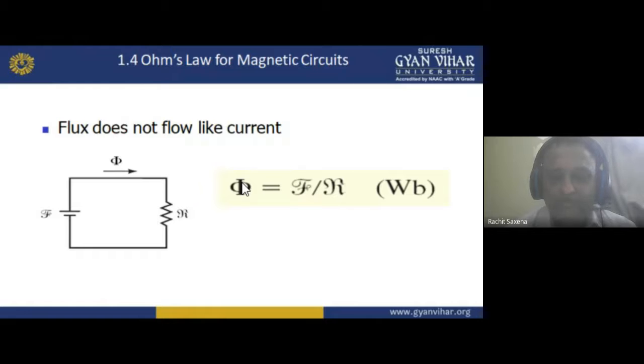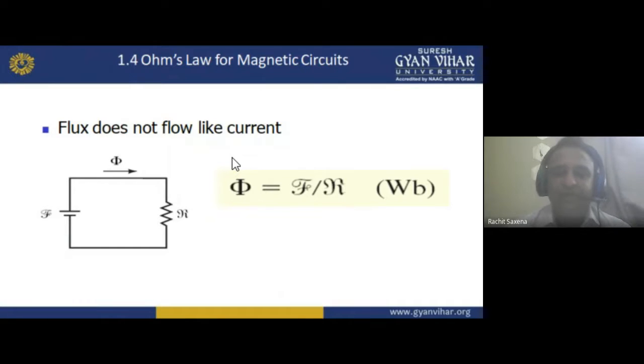So MMF is here, and here we have the resistance, which is the reluctance in the magnetic circuit, and phi is similar to your current. So current denotes flux, resistance denotes reluctance, and MMF denotes EMF.